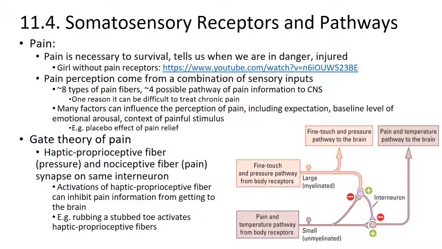The haptic proprioceptive fiber, when activated, can inhibit pain information through the interneuron, so it can inhibit the nociceptive fiber from sending information to the brain. An example of this is if you stub your toe or hit your knee and rub it, this can often inhibit some of the pain, and this would be a manual activation of the haptic proprioceptive fiber.